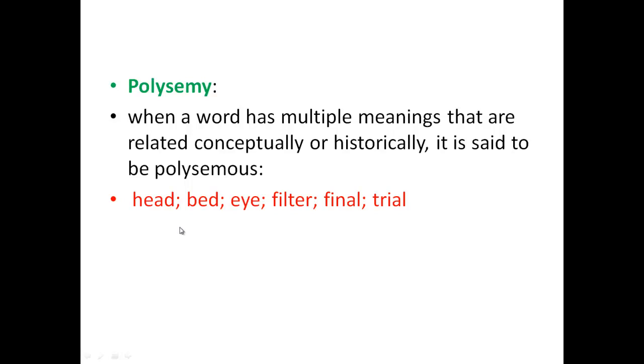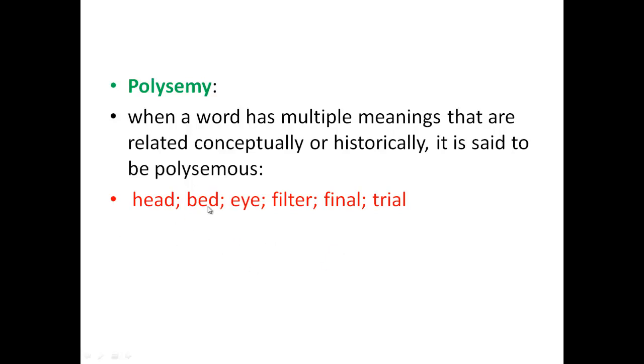Meaning number two is mind or brain. Meaning number three, the head of the river, which means the place where a river begins. Meaning number four, the head of the table, the most important seat at the table. We can have another meaning, the head of the department. So all of these meanings share the same thing, something on top, the most important thing in something.